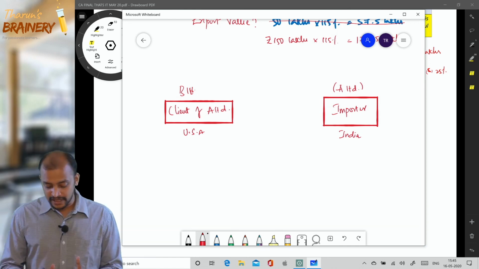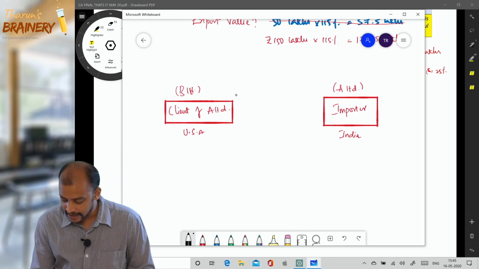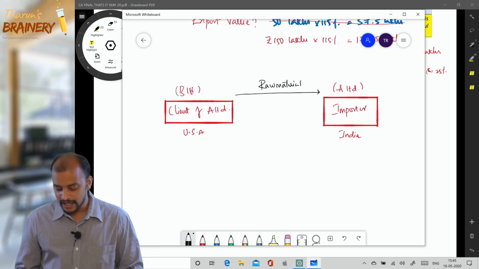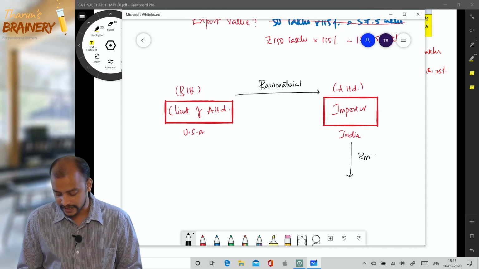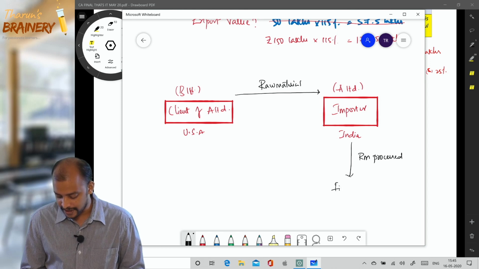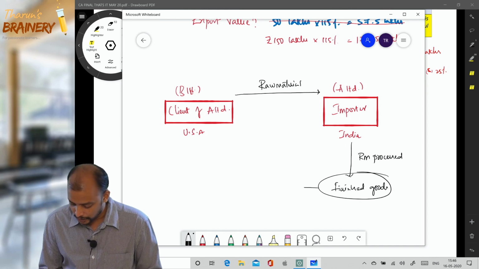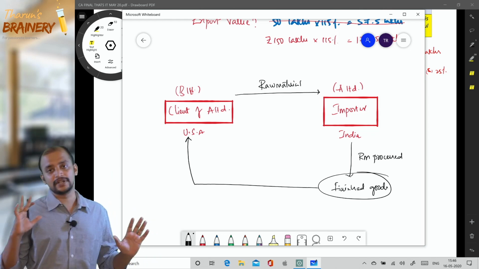The client of A Limited has sent some raw material, and this raw material is processed into finished goods, and these finished goods are sent to the client in USA.